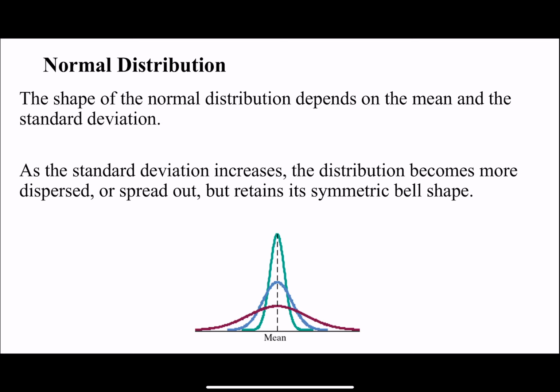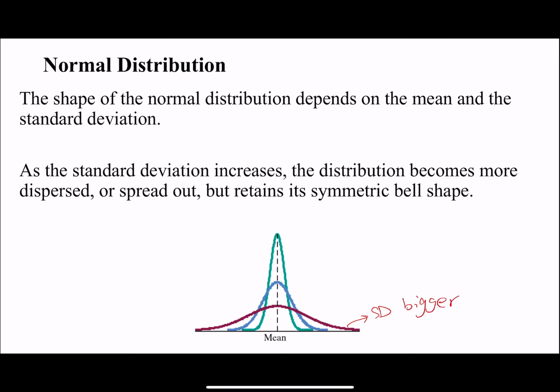Well, let's say we have a normal distribution, right? The shape of the normal distribution depends on the mean value and the standard deviation, so it's completely symmetric. The mean value is right in the middle. When a standard deviation is bigger, the distribution becomes more dispersed, right? So it's like the red graph that you see here, so the standard deviation is actually bigger here.